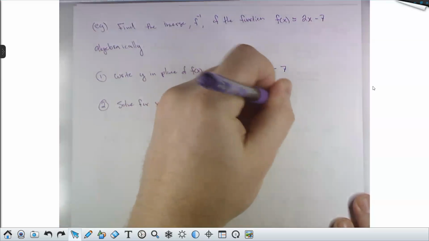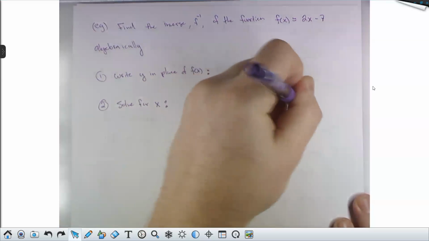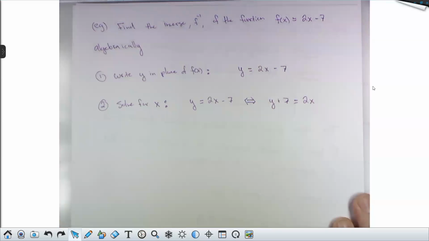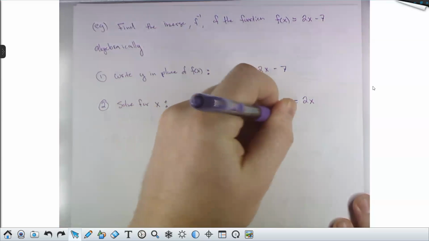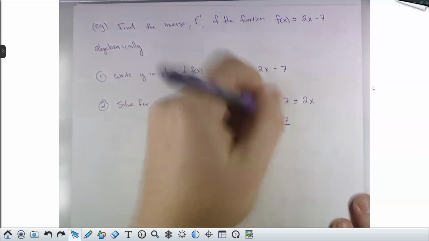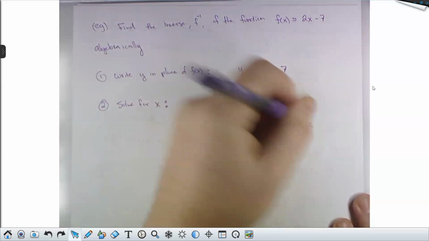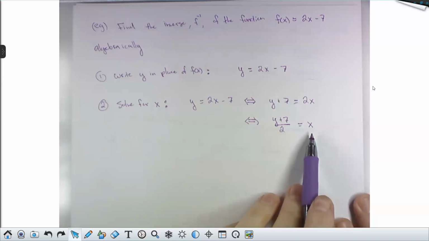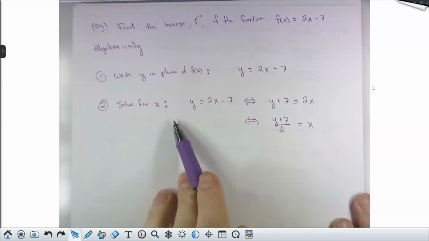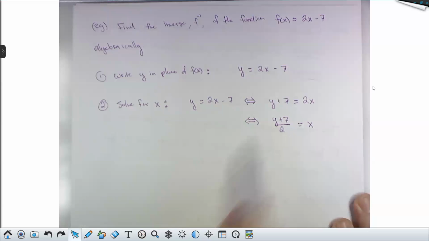That'll give me y plus 7 equals 2x. Then my second step would be to divide both sides by 2. That'll give me (y plus 7) over 2 equals x. Now I have x alone on the right-hand side, so I have completed step 2. I have solved for x.